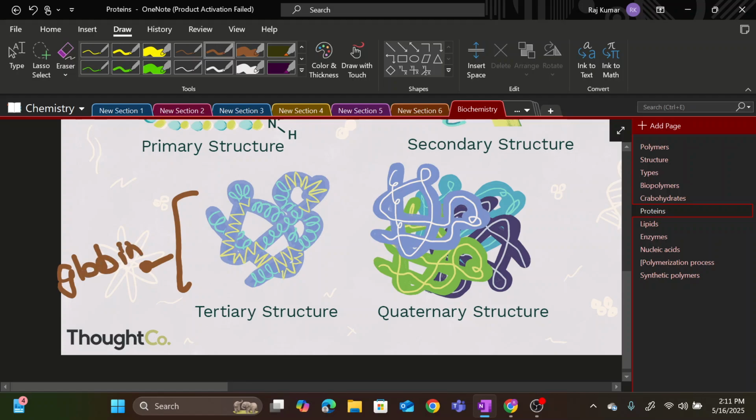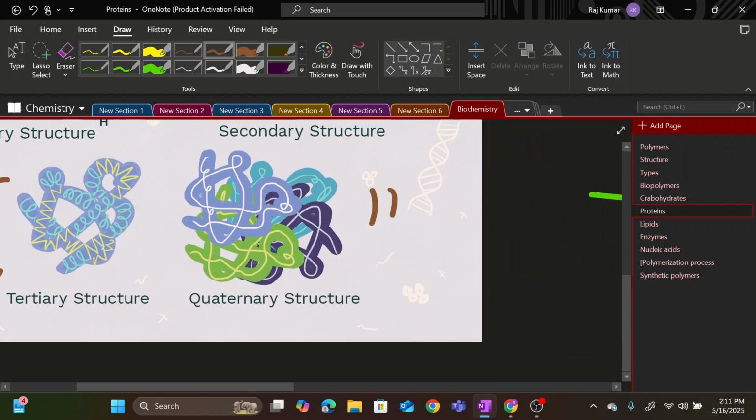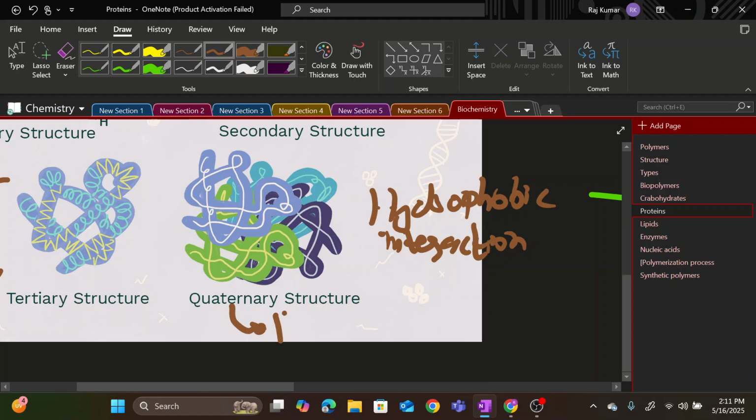When we have multiple globins combined together through hydrophobic interaction, it forms a quaternary structure. An example of quaternary protein is hemoglobin, which carries oxygen. An example of tertiary structure is myoglobin. So this is very important.